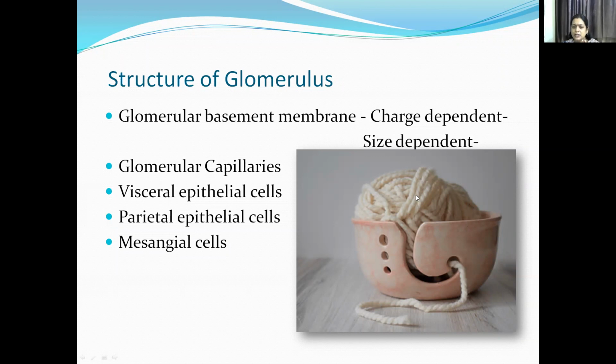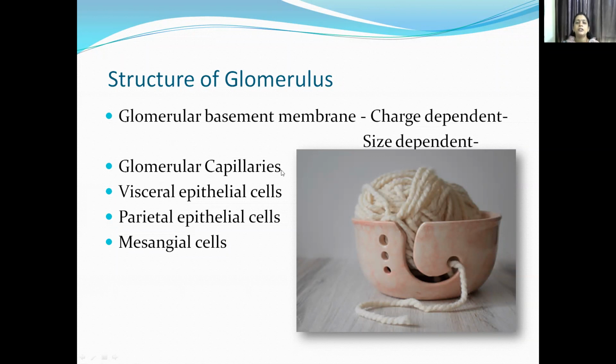When these two things are bound by some cell, that cell is called the mesangial cell. When these threads are bound together, these cells are the mesangial cells, and something that holds them together is the mesangial matrix. So here we have the glomerular capillaries.